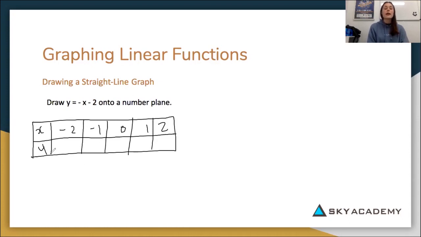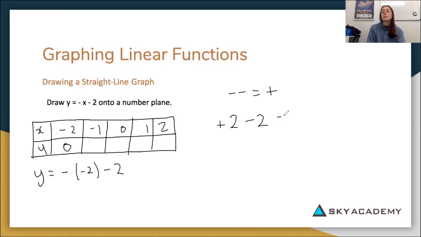So y equals -x minus 2, so it's going to be -(-2) minus 2. And if you put that into your calculator, you will get 0. So -(-2), we know that a minus and a minus gives you a positive. So then we have 2 minus 2, because it's a positive now, and 2 minus 2 just gives us 0.